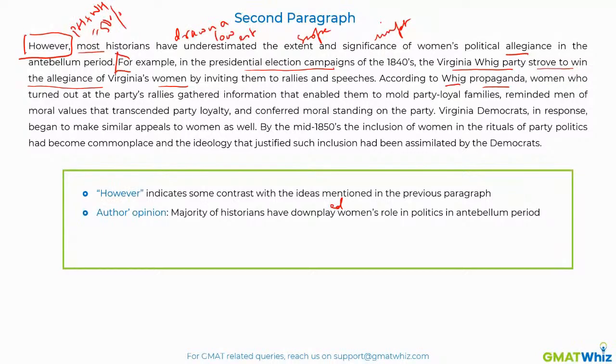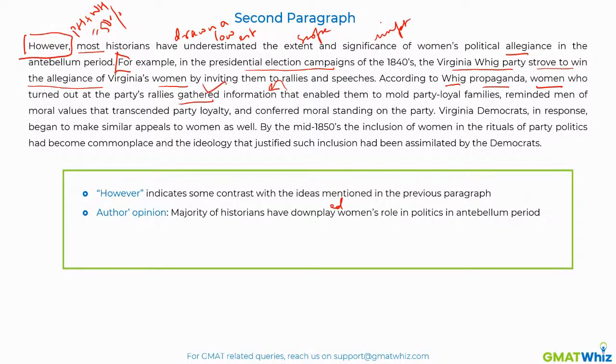So according to Whig propaganda, by the way, propaganda means your agenda, women who turned out at the party's rallies gathered information, and that information helped these women to make their families party loyal. Okay, so the women would come to the rally, gather information, carry that information to their family, to the dinner tables, and probably influence their own families to become loyal to that party.